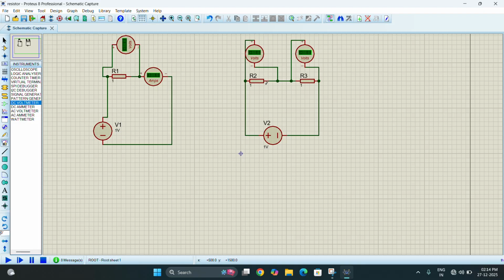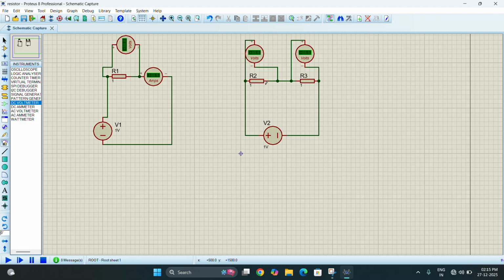If you want the voltage across R2, you take the R2 value, that is 1 ohm, multiply it with the total voltage, that is 1 volt, then divide it by R2 plus R3, that is 1 plus 1. So it is 1 into 1 divided by 2. So 0.5 volt is the voltage across the resistor R2.